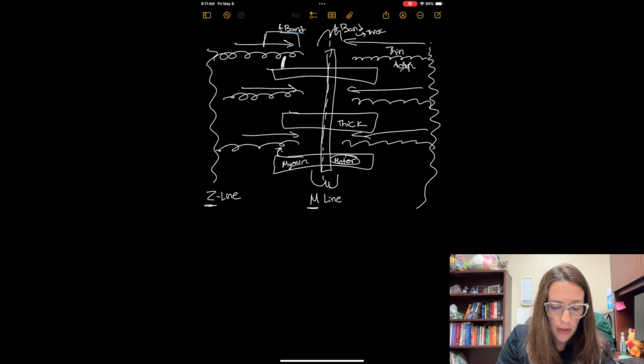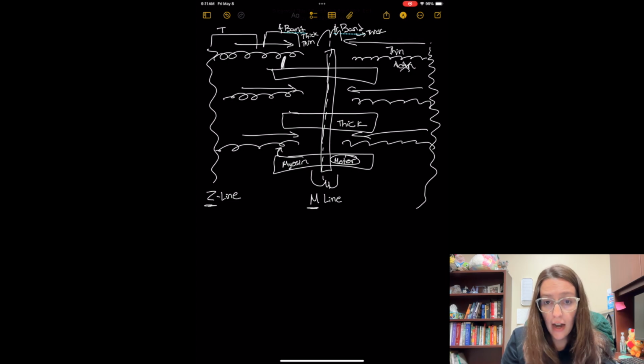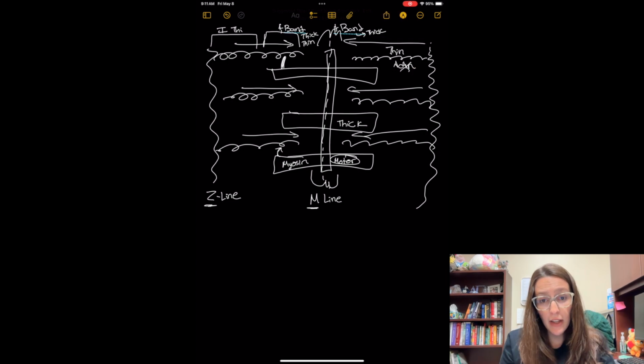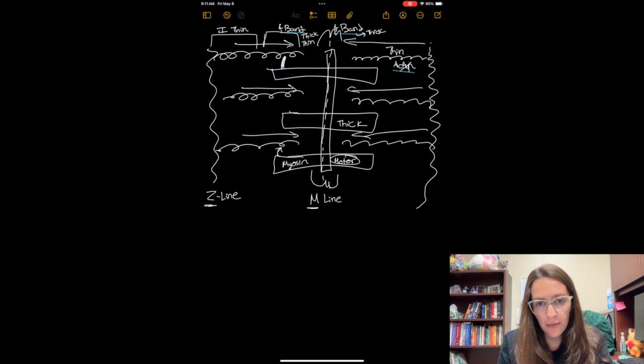We have both thick and thin together. The last band is the I band, okay? The I band is just thin. The way that I remember that it's just thin is because I is a very thin letter. At least that's how I think about it.